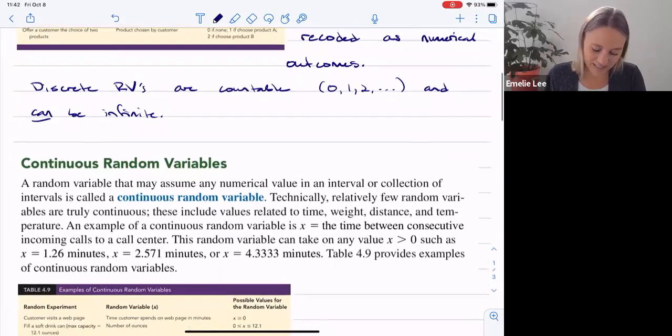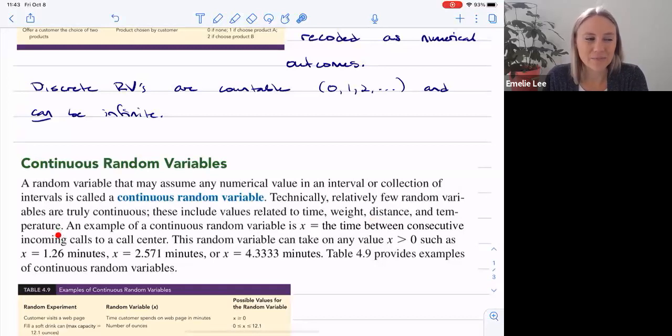So technically, relatively few random variables are truly continuous. Okay, so things related to time, weight, distance, and temperature, and the hang up is, well, because we can't measure on a continuous scale, but that's okay. What we're going to do is we're going to say, okay, you know what? If we had a better measuring device, then we could say that it's continuous.